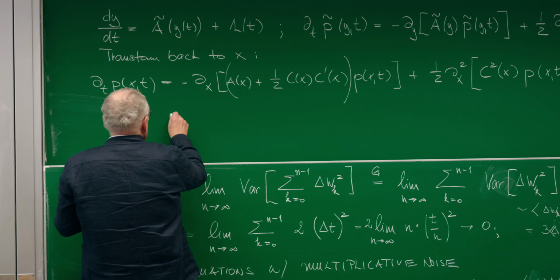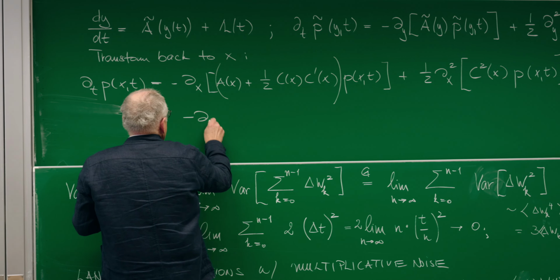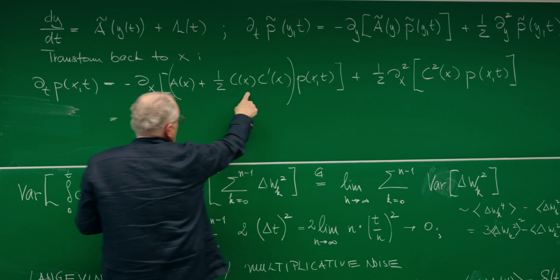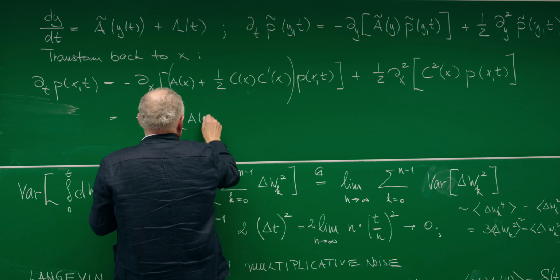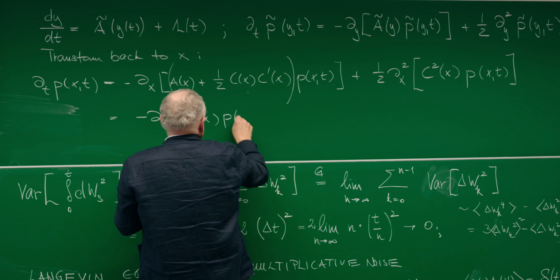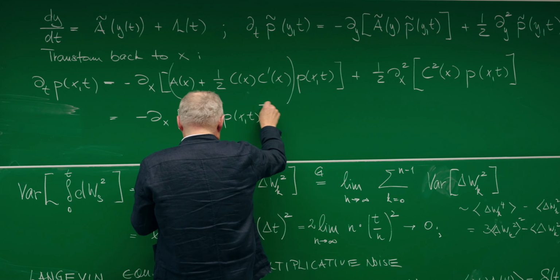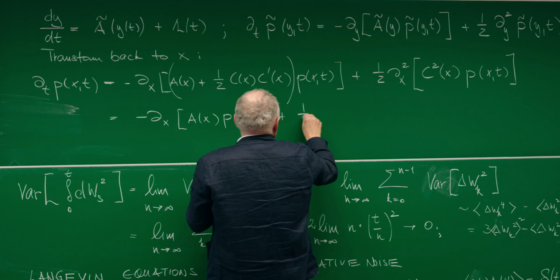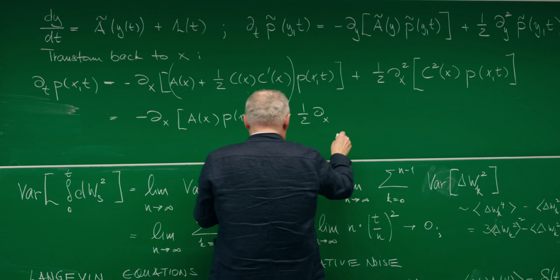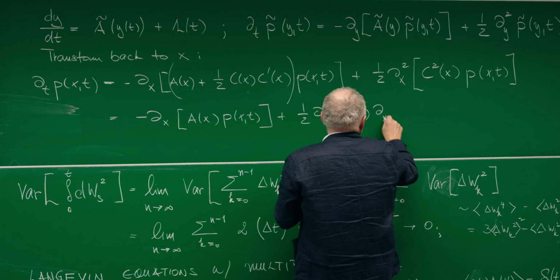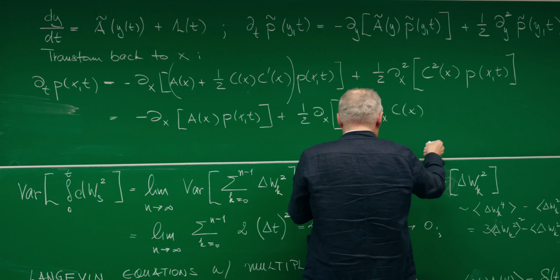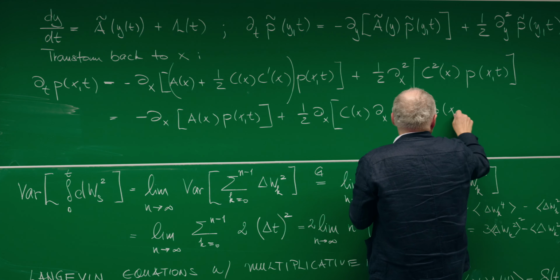You can also write this in a different form by shifting this term here to the right. And this looks like a(x) p(x, t), plus a half ∂_x c(x) ∂_x c(x) p(x, t).